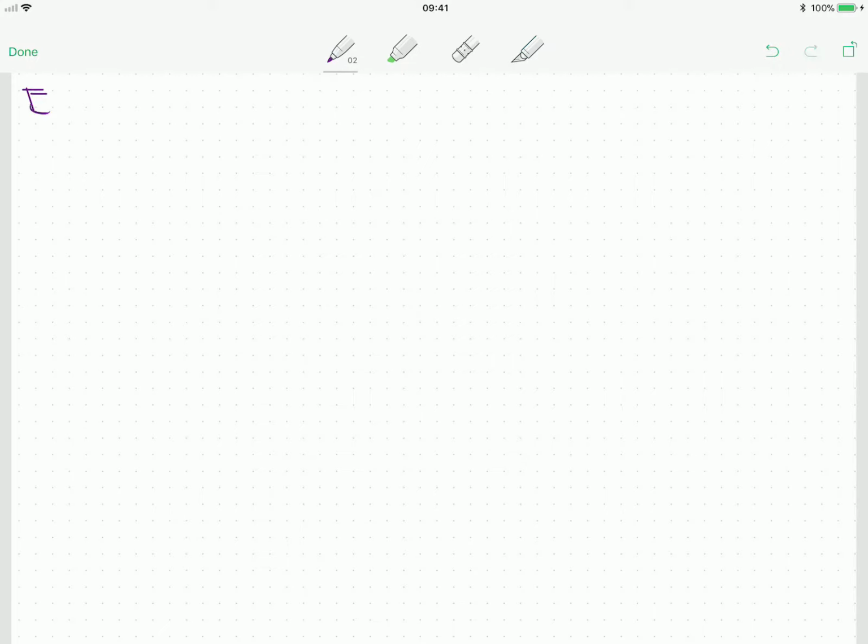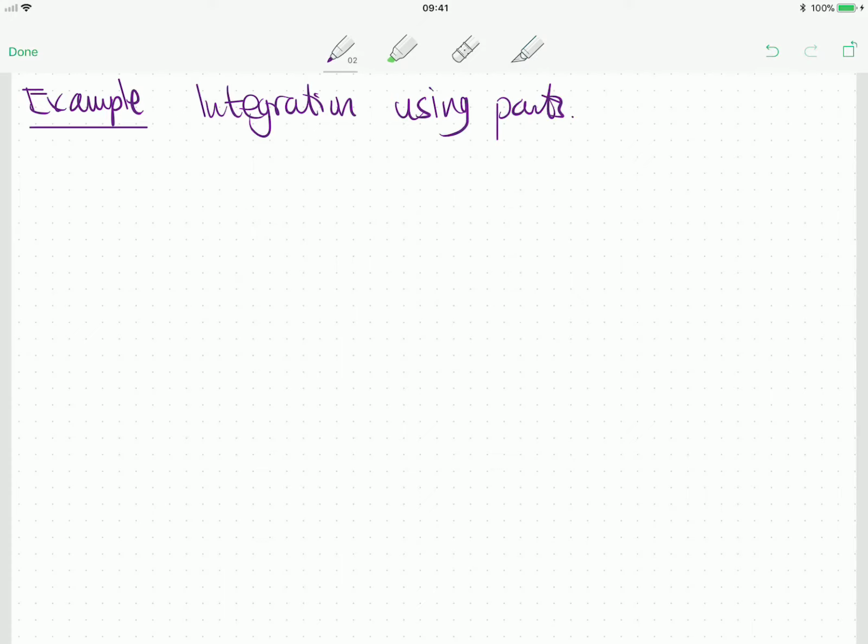Hello everyone. In the video today we're going to take a look at some integration using parts. The equation for using parts is normally given in a formula book and is written as follows.